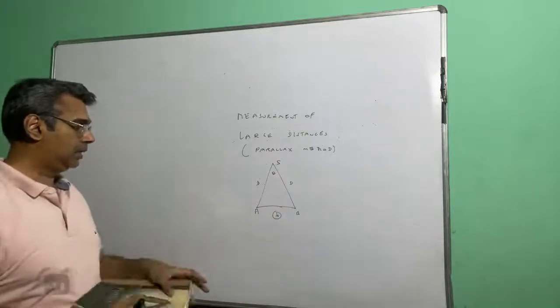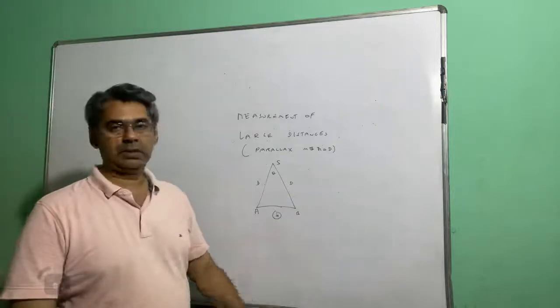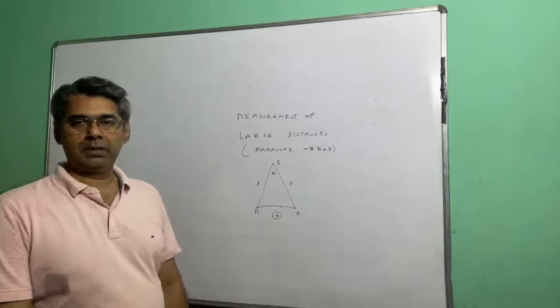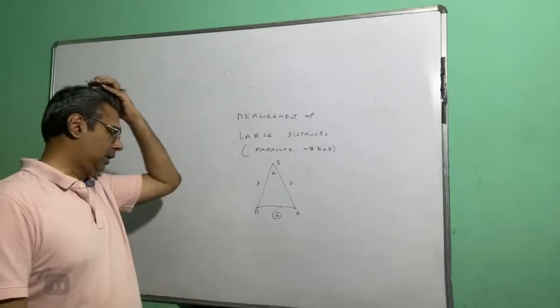Once again, I will be taking two positions on the Earth, capital A and capital B, and small b is the distance between these two positions.